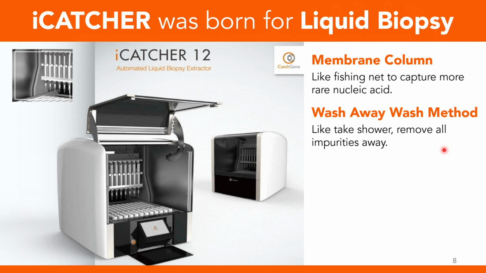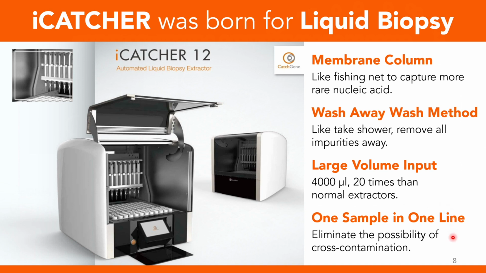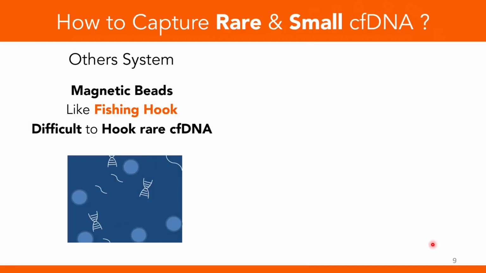Also, we use a wash method, kind of like taking a shower, to remove all inhibitors away. And also, we can handle large volume input, up to 4,000 microliters, which is 20 times more than normal extractors. And we handle one sample in one line, so it can eliminate the possibility of cross-contamination.